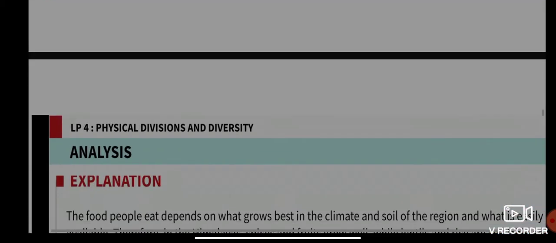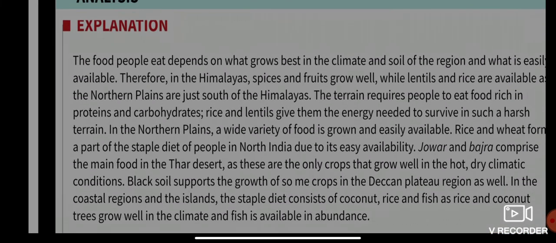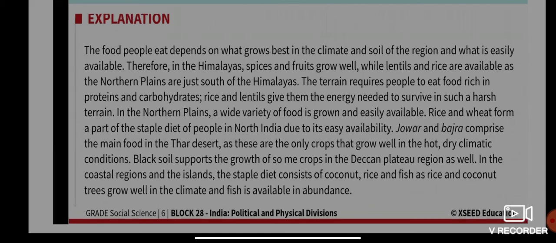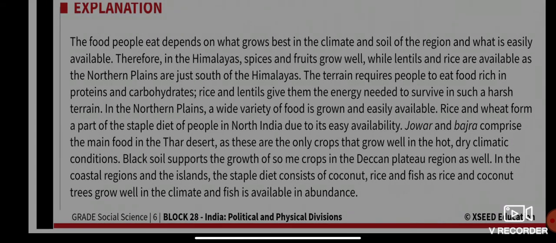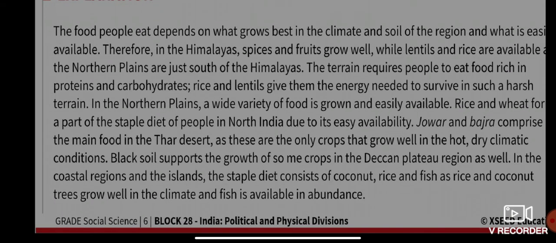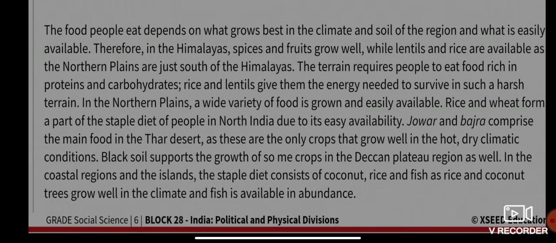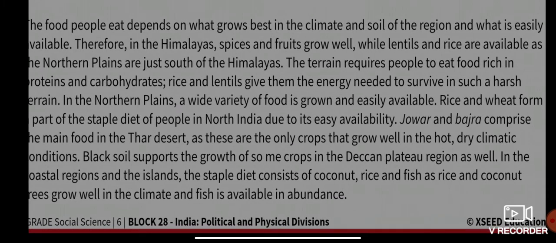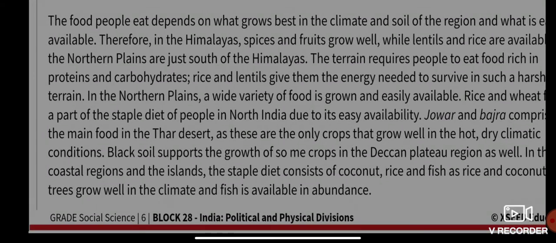All right, the food that people eat depends on what is best grown in the climate and soil of the region, and what is easily available in that particular location. Therefore, in the Himalayas, the spices and fruits grow well because of the climatic condition, while lentils and rice are available in the northern plain, which is just south of the Himalayas.